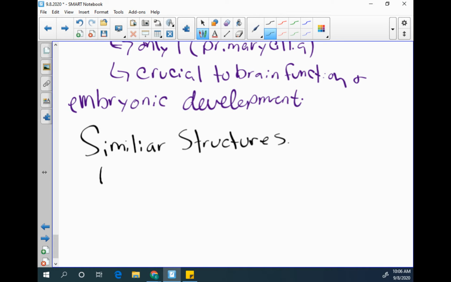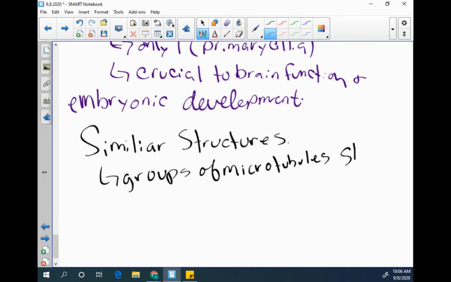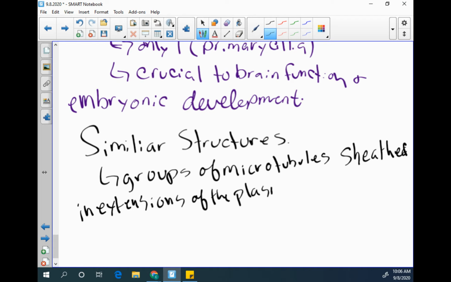They are both groups of microtubules that are wrapped in extensions of the plasma membrane. So they're both a bunch of microtubules wrapped in cell membranes.